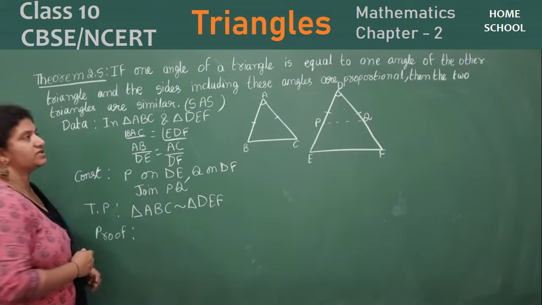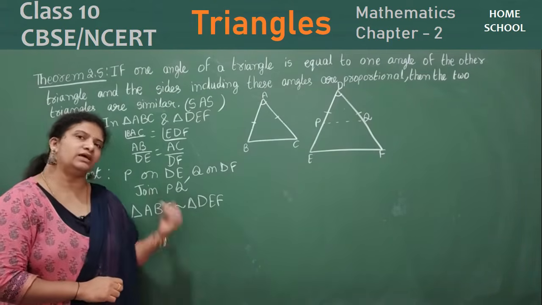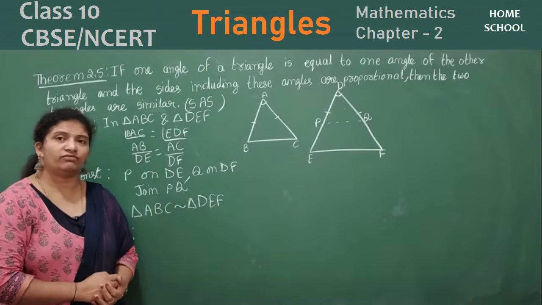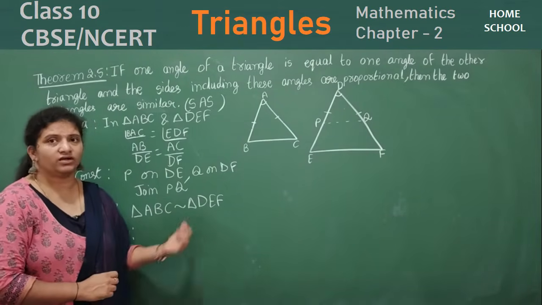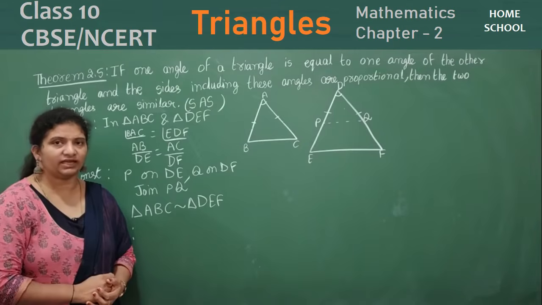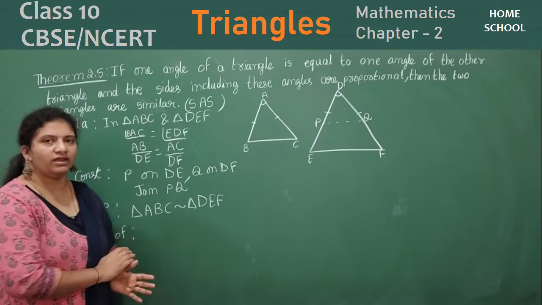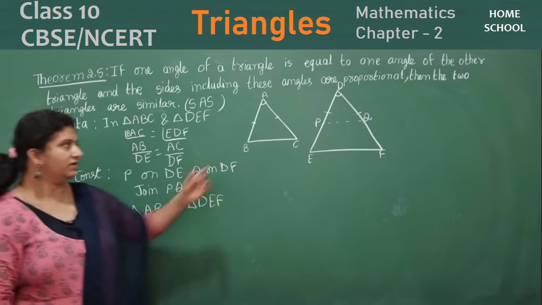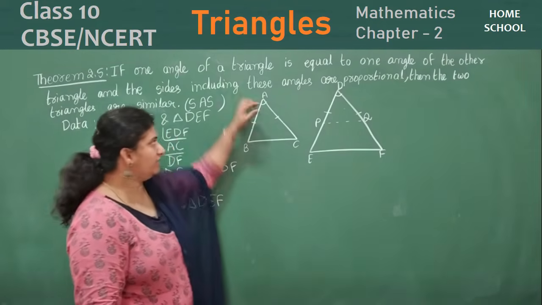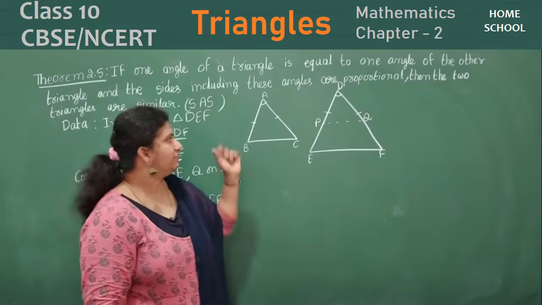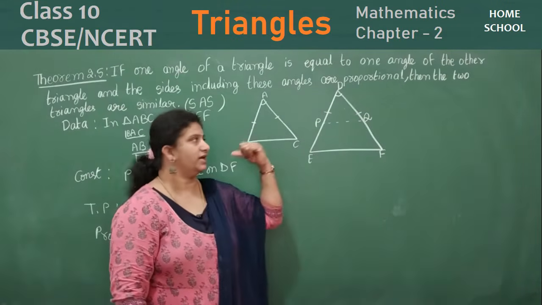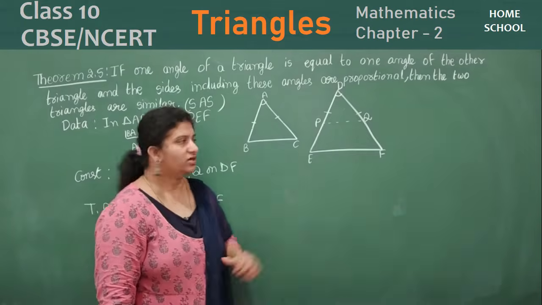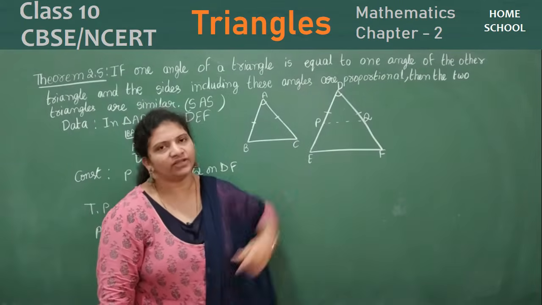So children, observe here. Proof is similar to what we have done before. SSS criteria we have done. Similarity criteria we have done. In the same manner you can prove this. So how to prove? Let's see in the figure here. So now given this angle equal to this angle and this side equal to this side and this side equal to this side. So complete side ratio they have given.